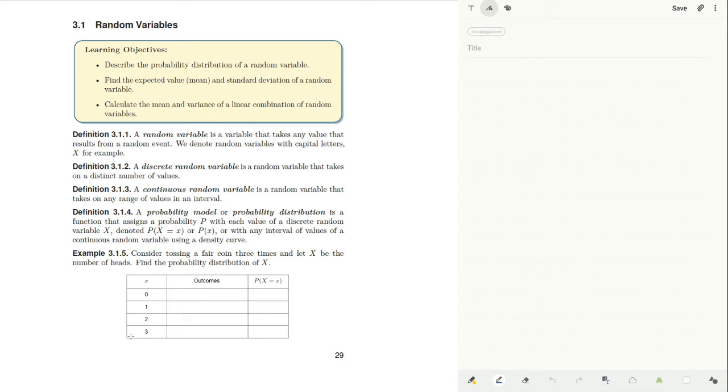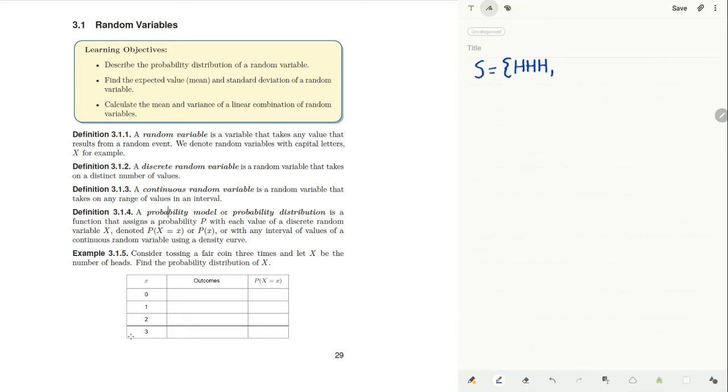So let's first write out our sample space S for 3 coin tosses. So here there are a total of 8 possible outcomes. And so we'll list all of the outcomes for our sample space. So one possibility is that all of the results are heads.